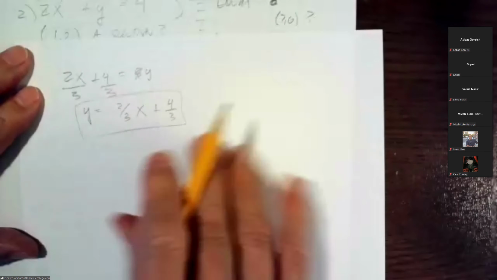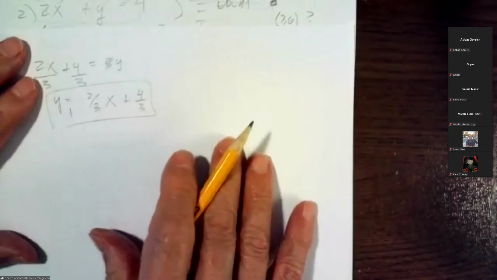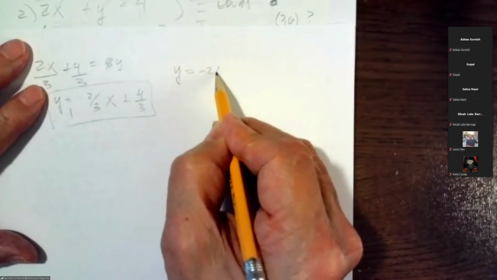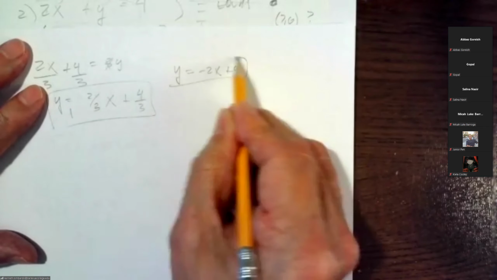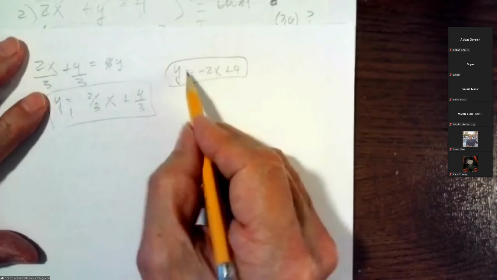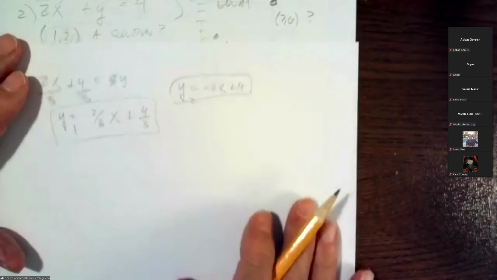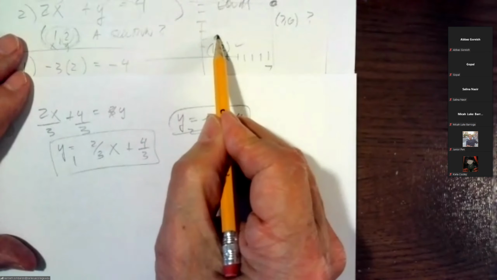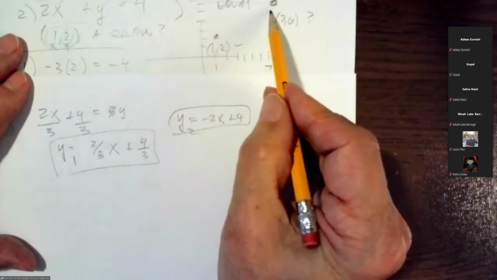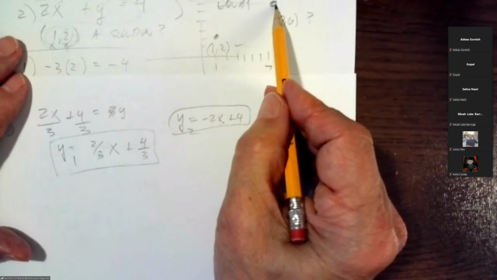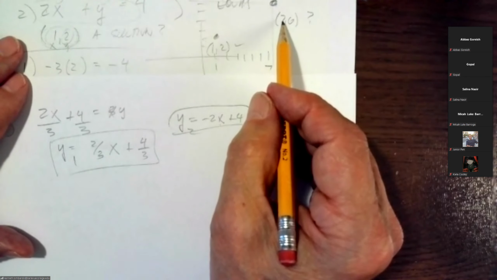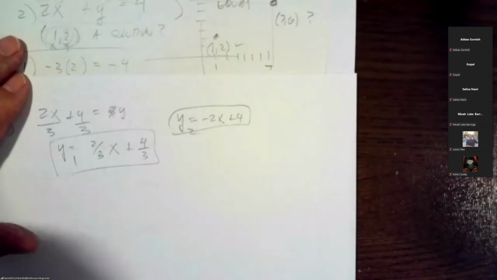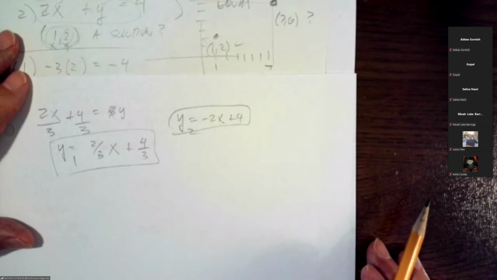We could graph that and call that y1. On the second one, y equals negative 2x plus 4, and we could graph that and call that y2. If we put these in our calculator, we ought to see them cross right here. But (7, 6) we decided was not a solution for these two lines. Okay, does that make sense?